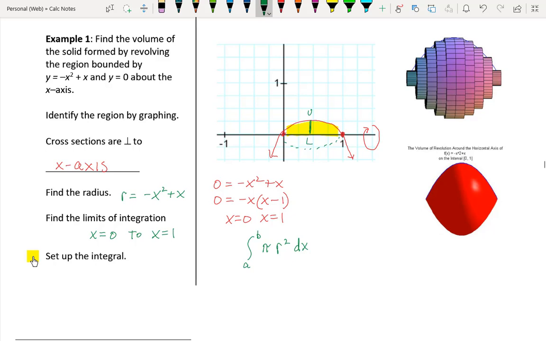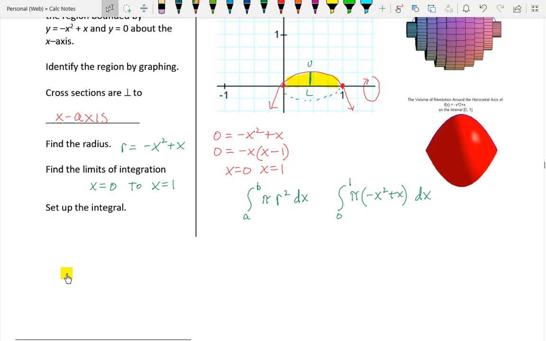So our limits here, we said were 0 and 1. We have pi times the radius. We said our radius was negative x squared plus x dx.